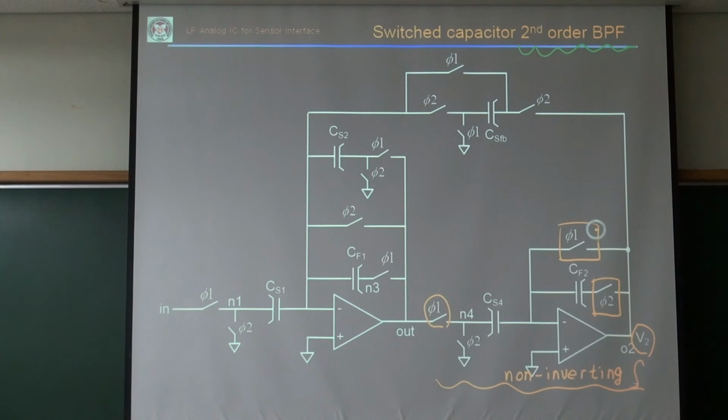Used to be phi 2 for this switch, and then phi 1 for this switch. I changed the polarity. So there will be a delay here, because I sample V out during phi 1 phase and then generate a valid output during phi 2 phase. Here, phi 1 phase is just bypassed directly, so there is no delay between here and there.